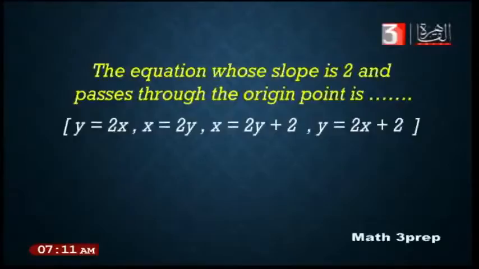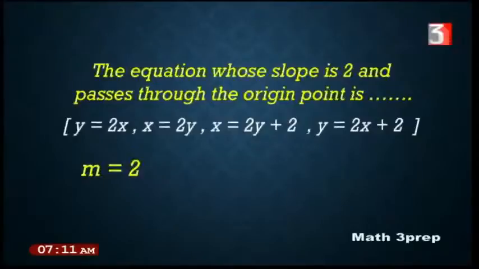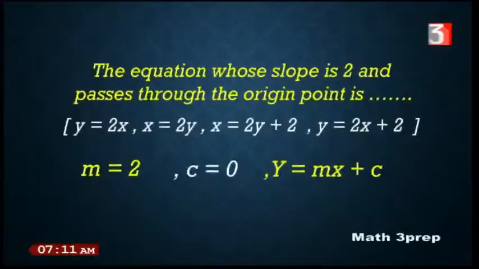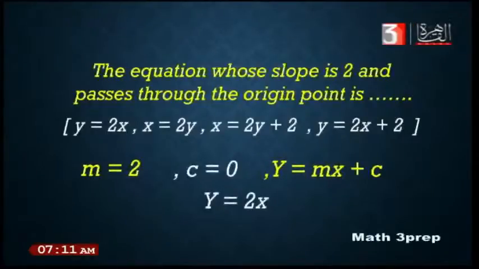Of course, all of you know that the slope of the straight line m equals 2. What about the c? As the straight line passes through the origin, the value of c will be 0. Then, as y equals mx plus c, y equals 2x plus 0, which is 2x, which is the first choice.